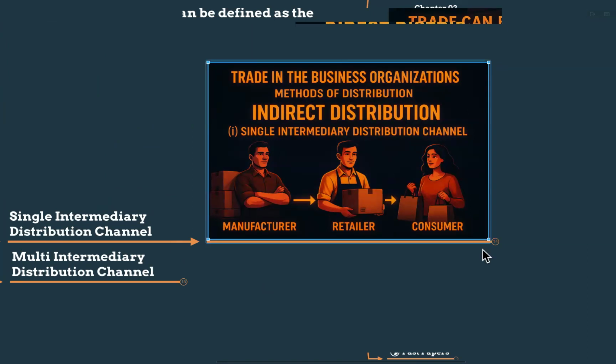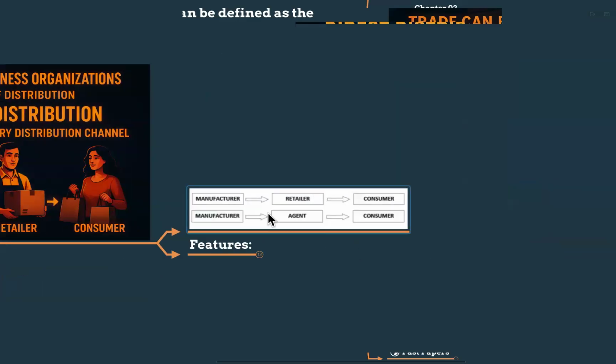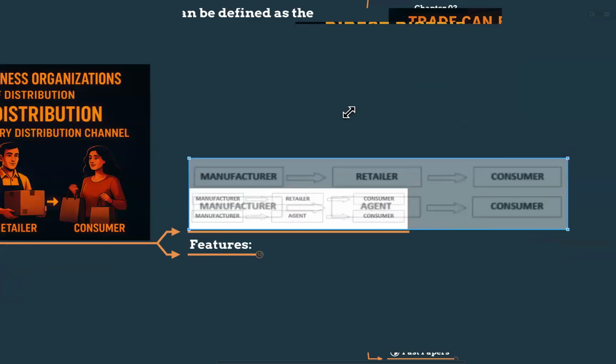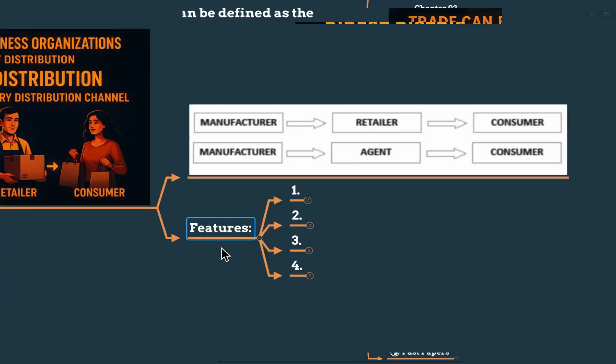If there's only one person in the distribution channel, we can consider that a single intermediary distribution channel. For example, manufacturer to the consumer, only the retailer. Or manufacturer to the consumer, only one intermediary, that is an agent. Simply that, only one middleman between the manufacturer and consumer.